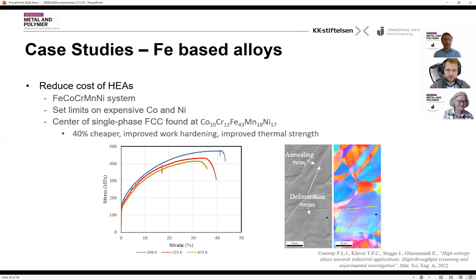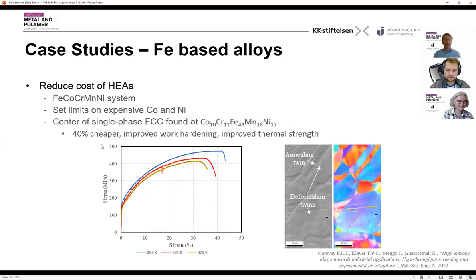So what we did was we looked at the very well-studied iron, cobalt, chrome, manganese, nickel system, and we set limits on the amount of expensive cobalt and nickel that we used, cobalt to 10% and nickel to 20%, and performed a high throughput screening and identified the center of a compositional island at this composition here, iron-rich at 43%.